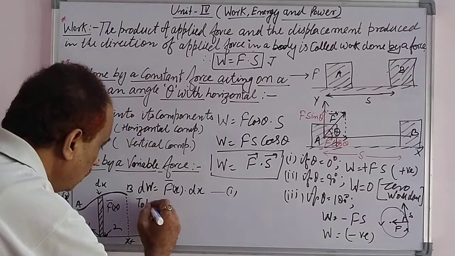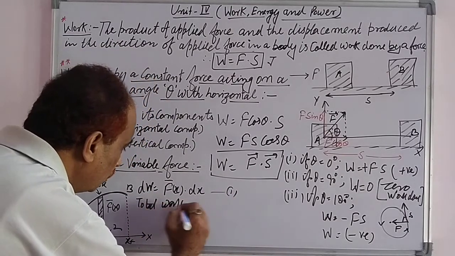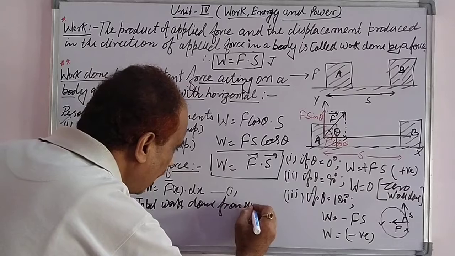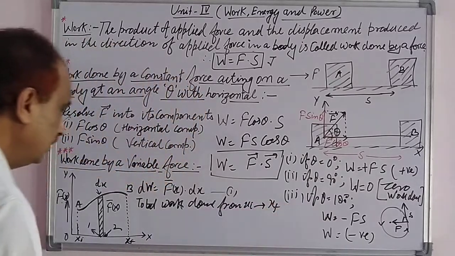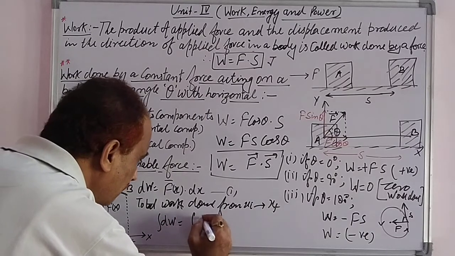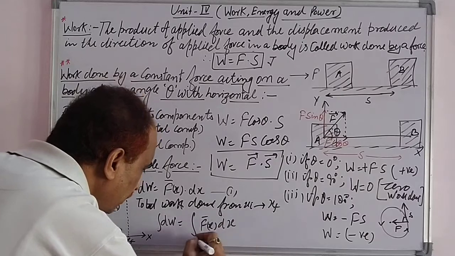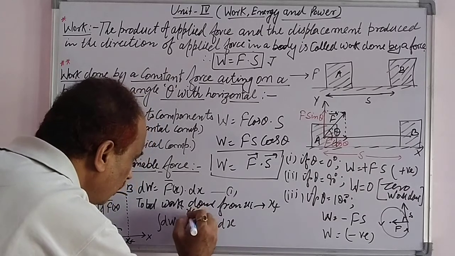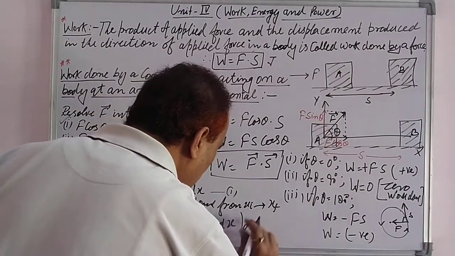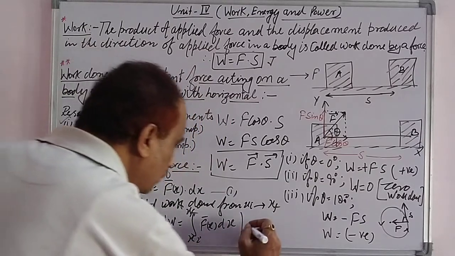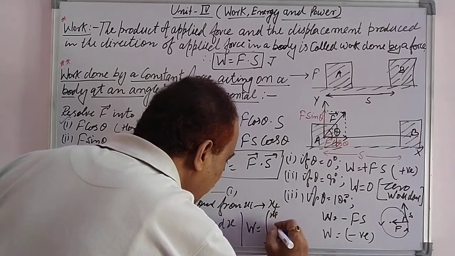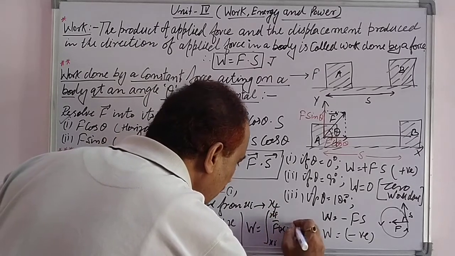So the total work done from xi to xf position: integral of dW will be equal to the integral of F bar x dx within the limits from xi to xf, and the resultant answer will be equal to W. Integration of dW is equal to W. So W equals the integral from xi to xf of F bar x into dx.